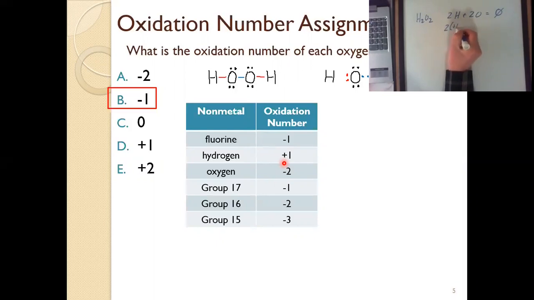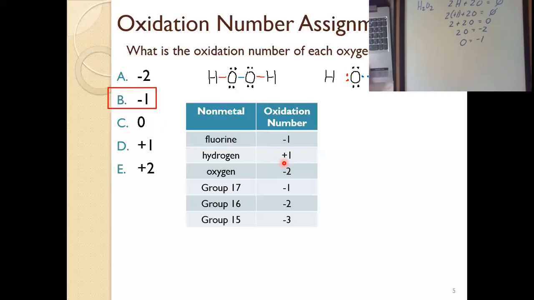So hydrogen is +1. Oxygen is our unknown. So 2 times +1 plus 2 times whatever oxygen is equals 0, the charge. So 2 plus 2 times whatever oxygen is equals 0. 2 times whatever oxygen is equals -2, and divide both sides by 2. We come to the same conclusion, that oxygen must be a -1 oxidation number.